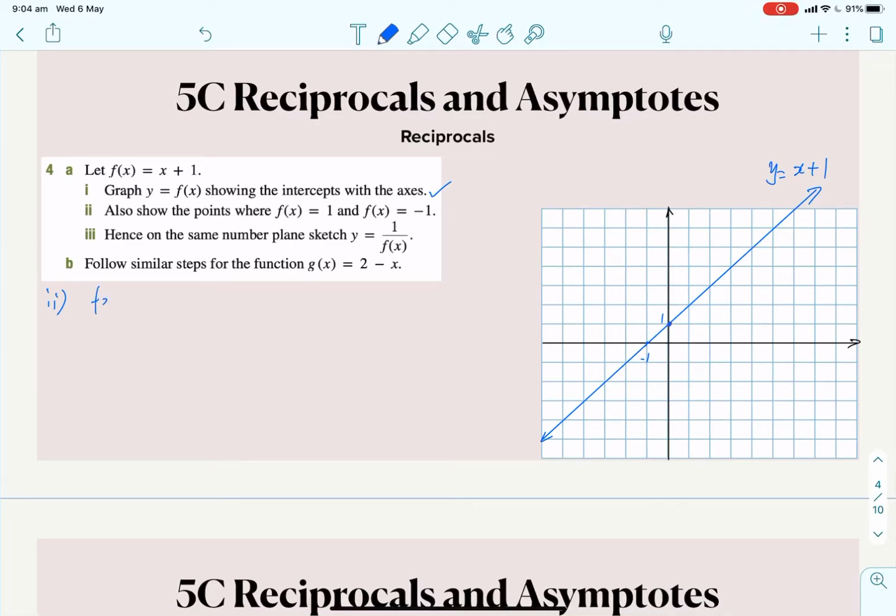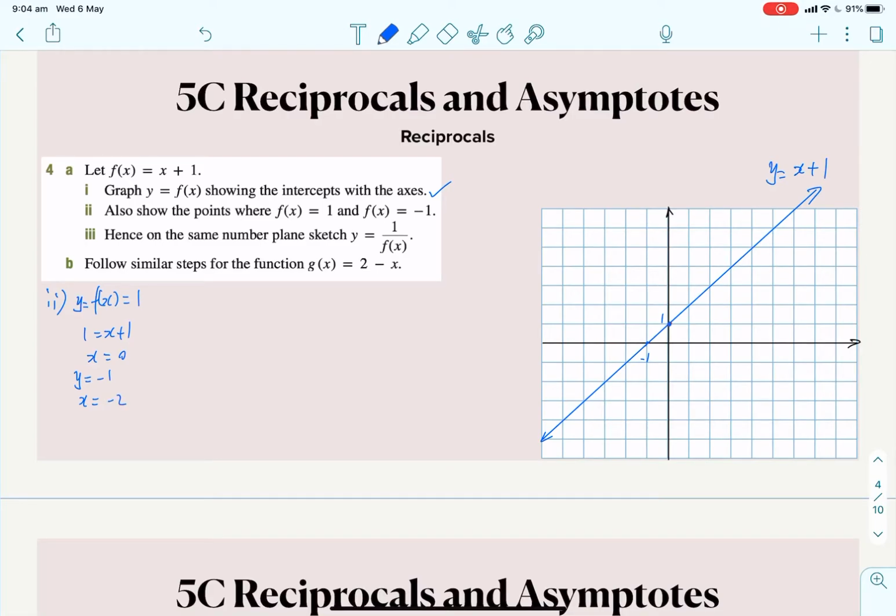So f(x) equals 1, y equals 1, then 1 equals x plus 1, x equals 0. y equals negative 1, x plus 1 equals negative 1, x equals negative 2. Okay, so 2 points.